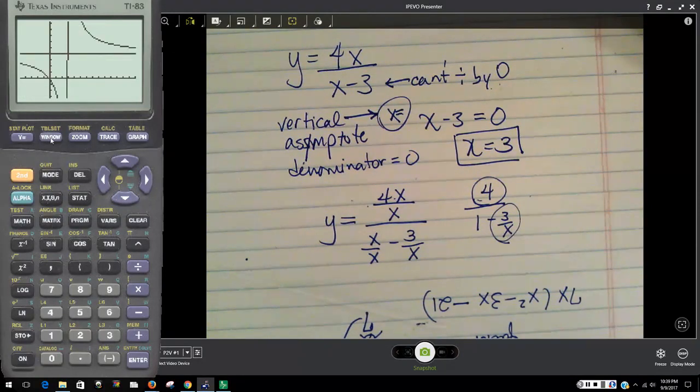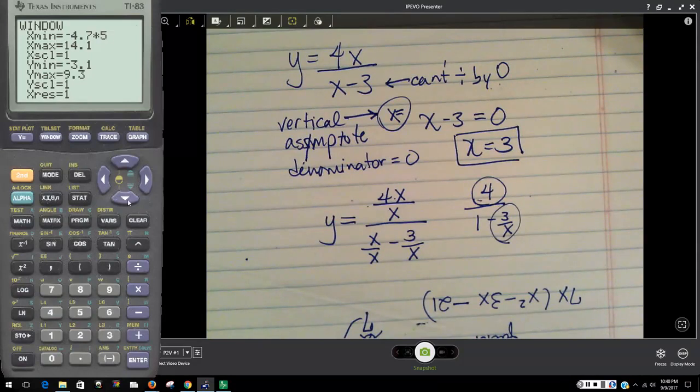And then I'm going to look way to the outside of both sides. So I'm going to go times 5 and times 5 and hit graph again, and notice I'm not really worried about this part.